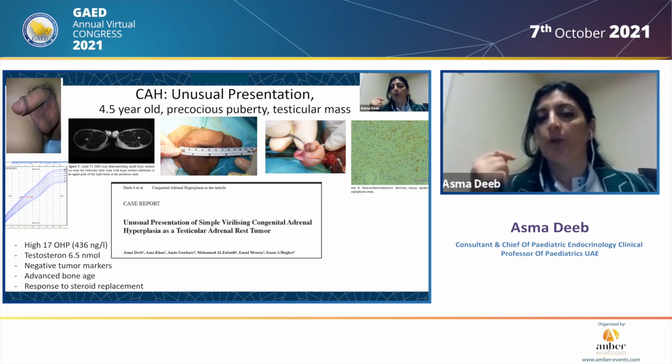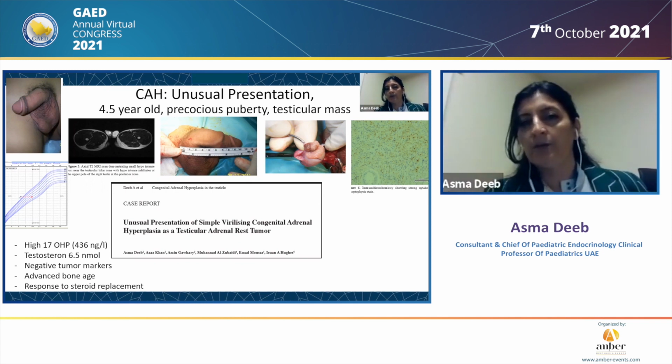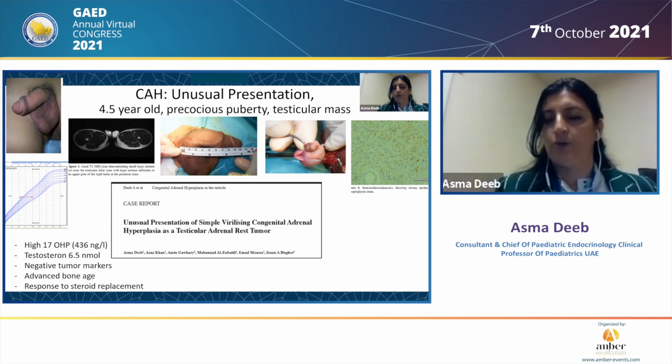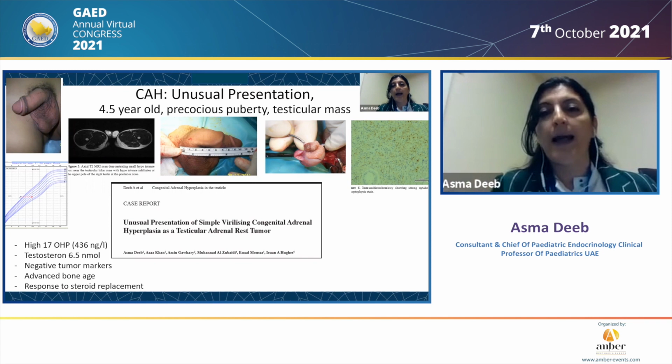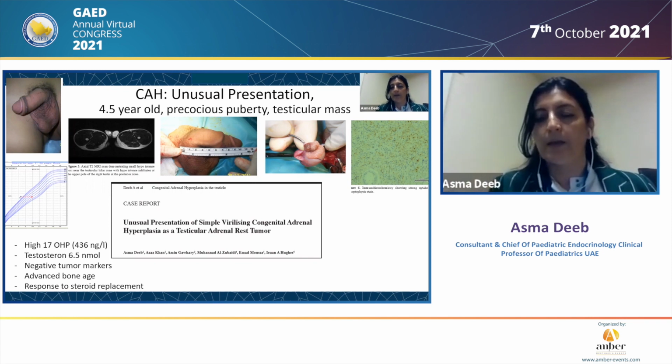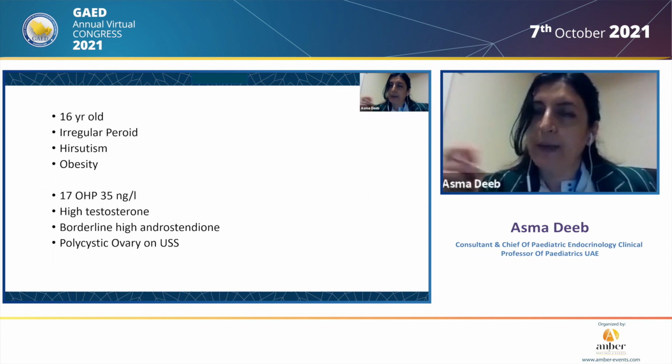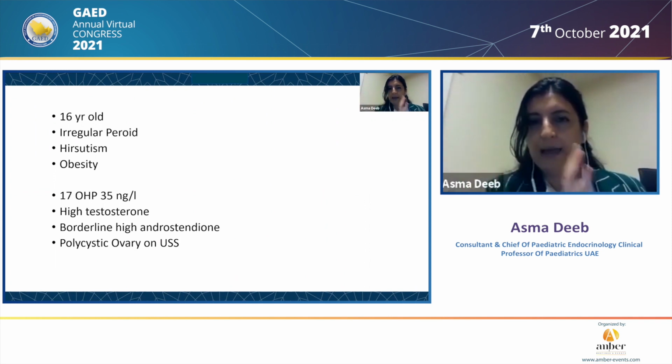It's very unusual to see testicular adrenal rest tumor in simple virilizing form of CAH, and it's not usual for it to present unilaterally and that big to be detected clinically as a first presentation of the disease. And the final part of the clinical spectrum of this disease, we've done the classical form.